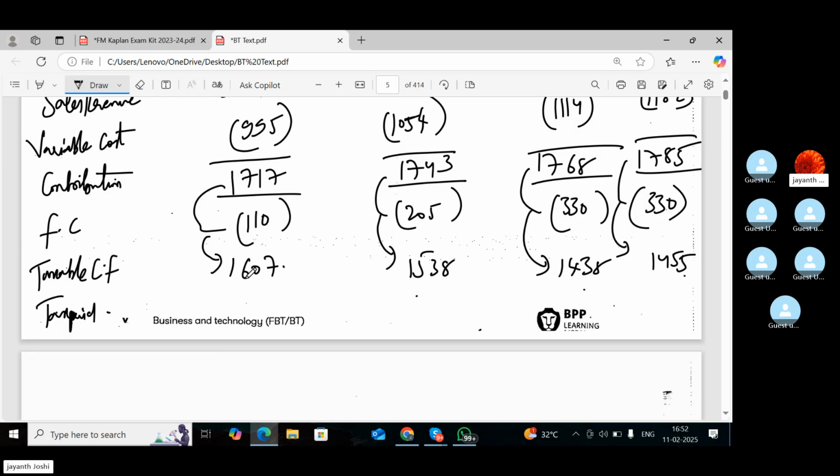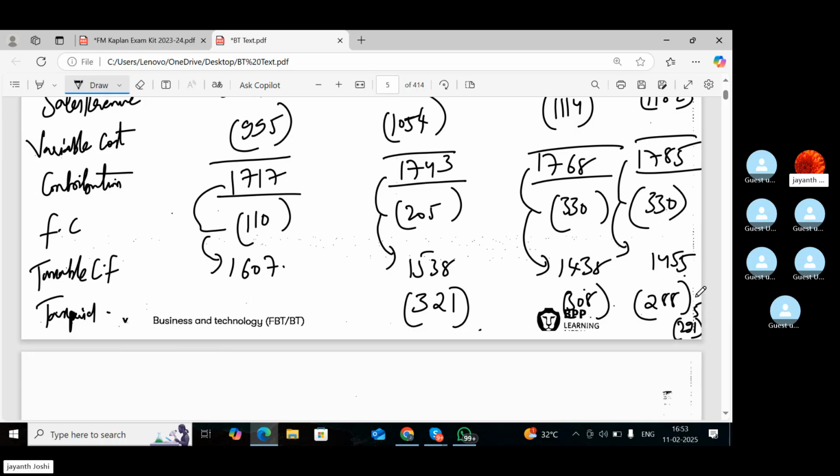So 1607 into 20% is going to be 321. Accordingly, this is to be paid. The 20% of this, the 20% of this, and the 20% of 1455 is 291. I'm writing here in the 5th year.